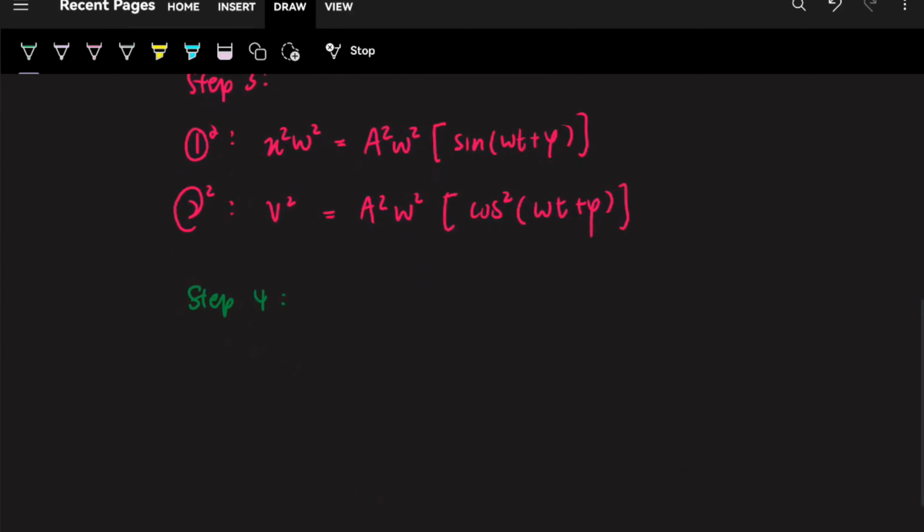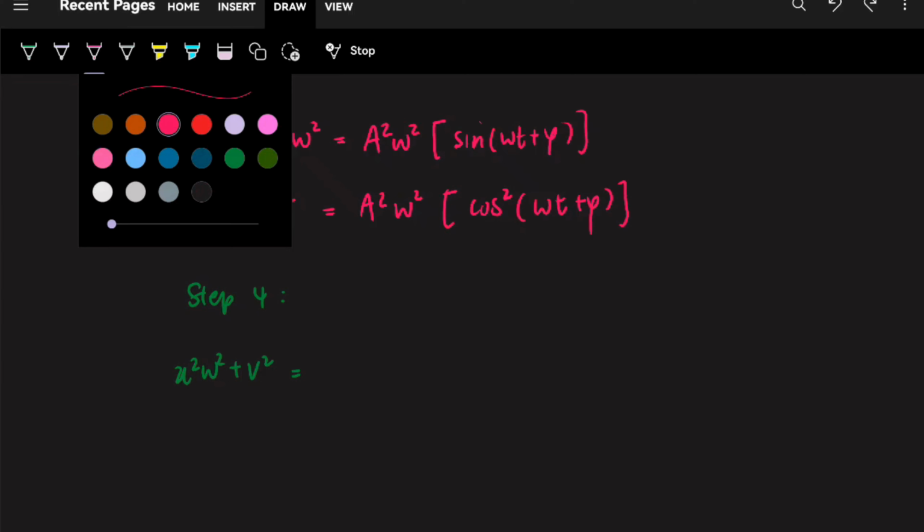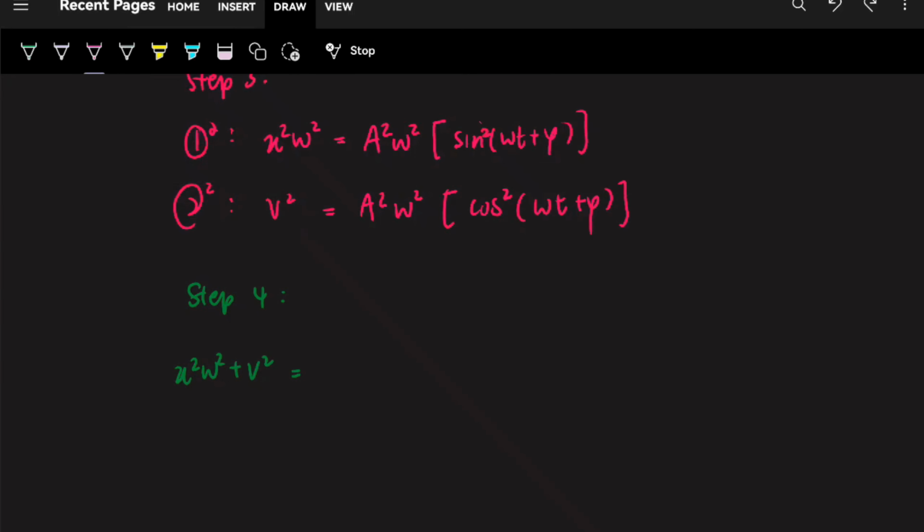Okay, and now adding the left hand side, you'll get x squared omega squared plus v squared, right? Then adding the right hand side, and I just realized a mistake. This is supposed to be sine squared, in a different color. Yep, because you square the equation, right?